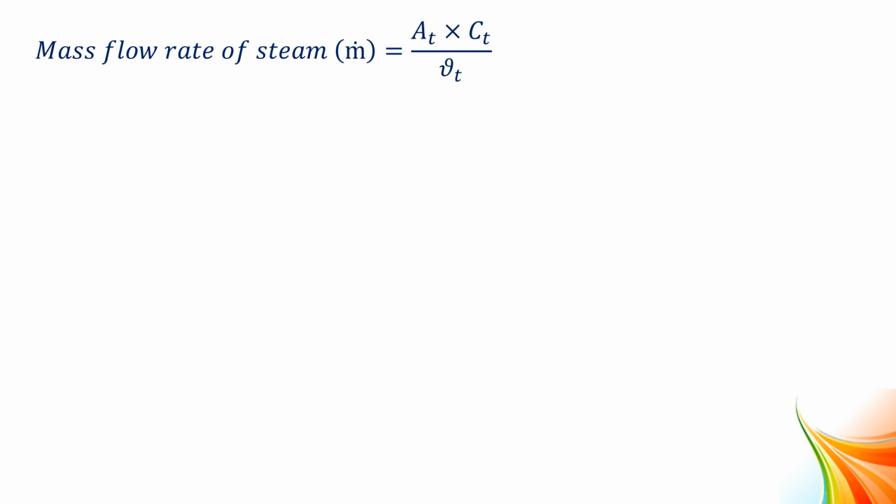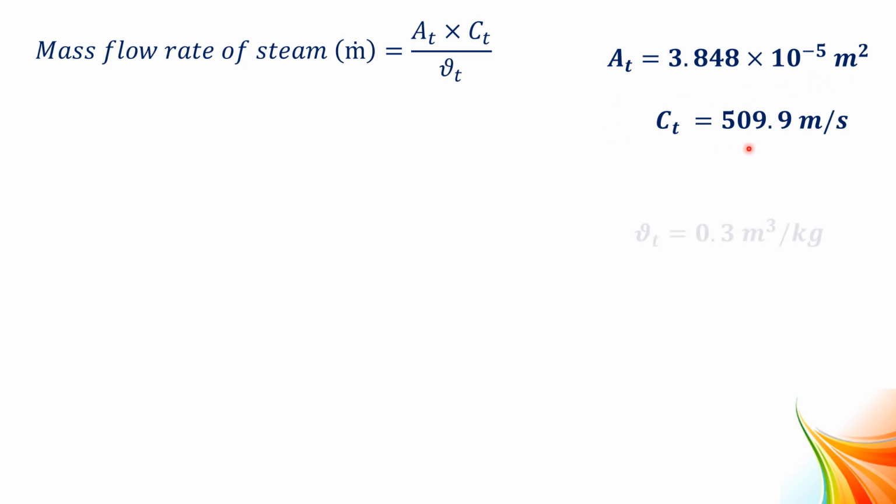Now we have to find the mass flow rate of steam using the equation At Ct divided by Vt. So the value of At equal to 3.848 into 10 to the power minus 5 meter square, Ct equal to 509.9 meters per second, and Vt equal to 0.3 meter cube per kilogram, which is obtained from the Mollier diagram.